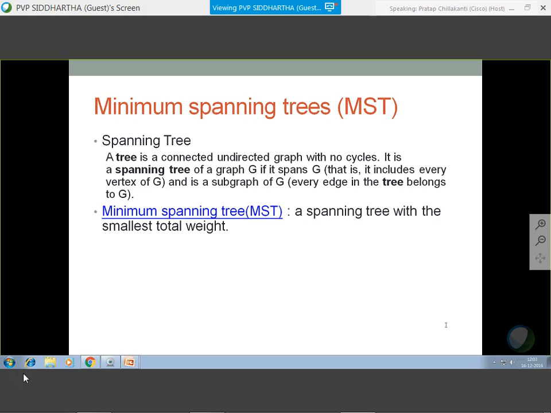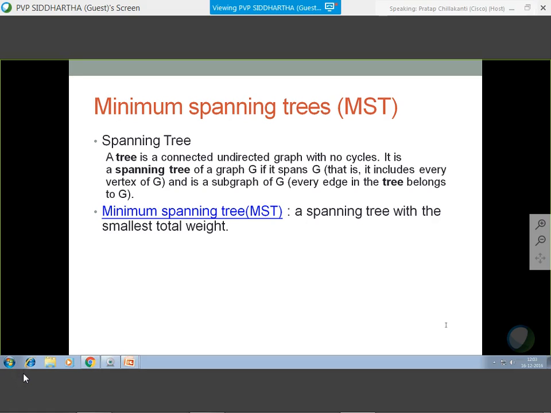A spanning tree of a graph, first of all, spans all the vertices of the graph. That is, it includes every vertex and it's a subgraph of G. That means every edge in the tree belongs to G. It's a subgraph of G, but not the other way around.